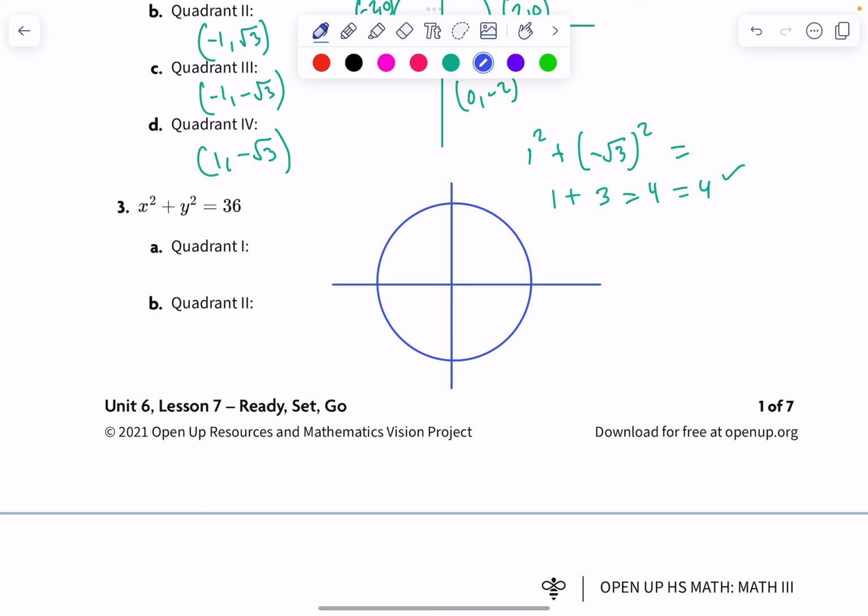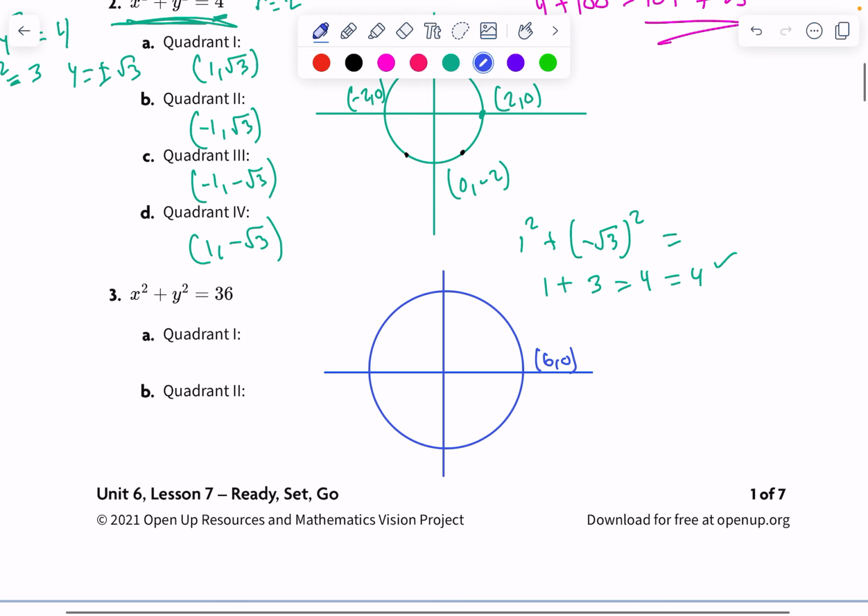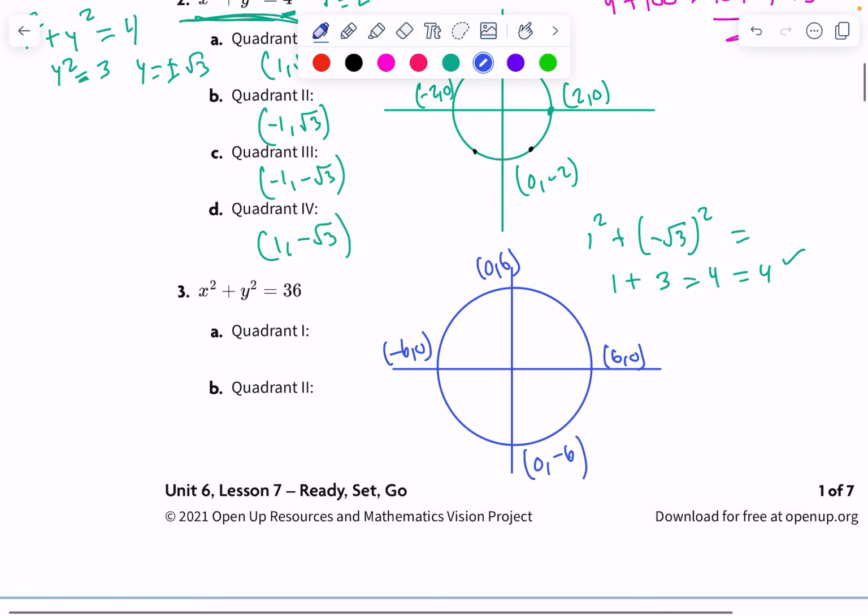Here we are at 6 comma 0, and now here we are at 0 comma 6, so we're at -6 comma 0, and we are at 0, -6 here. Okay, quadrant 1, I can pick any point that's between 0 and 6. I'm going to call the shots, and I'm going to say that x here, we'll call x 5 here.